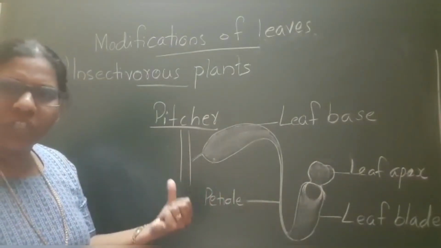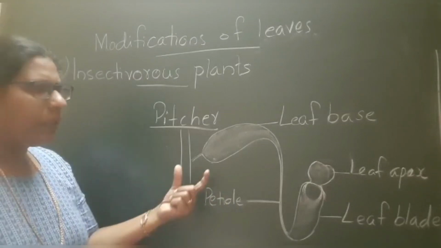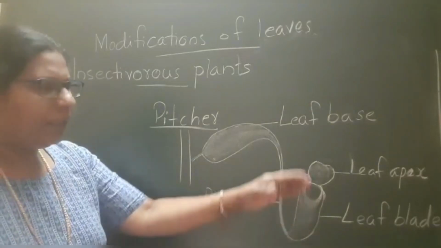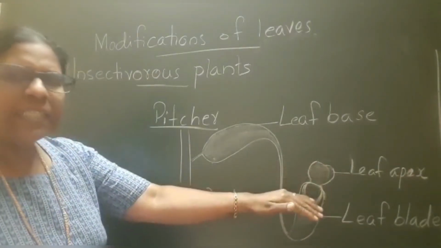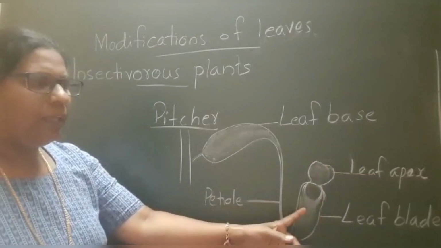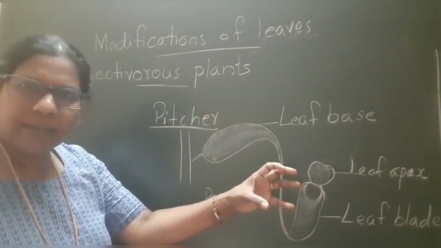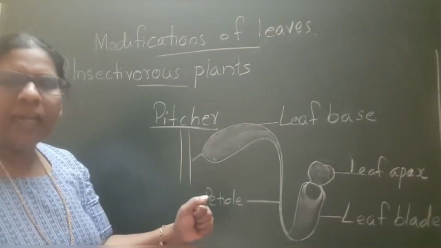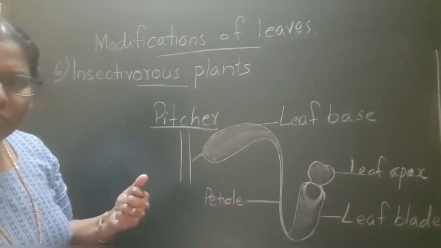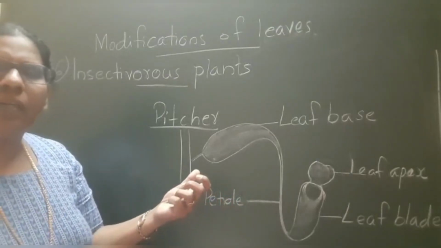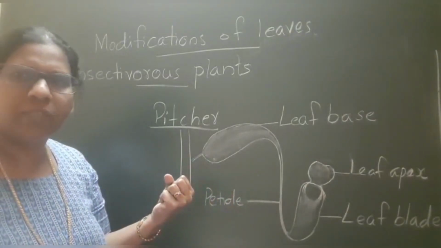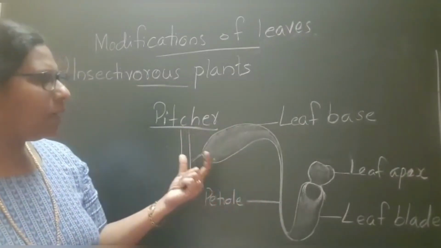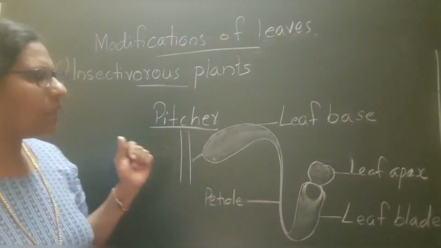To get sufficient protein, it traps the insects in the leaf blade, the leaf apex closes the pitcher, and then it digests the insect and gets the nitrogen, and then it forms the protein for the plant. Then it grows. That is how this pitcher plant does.